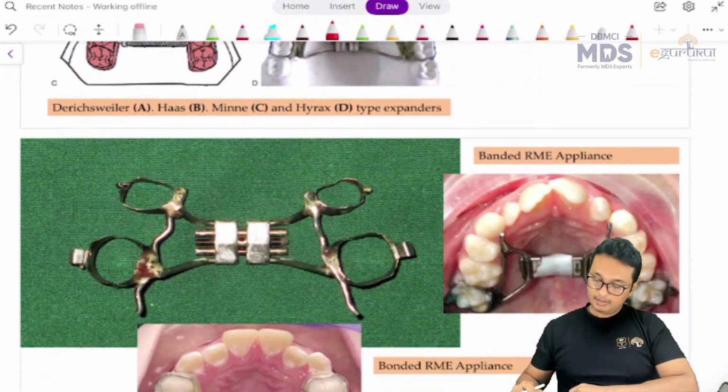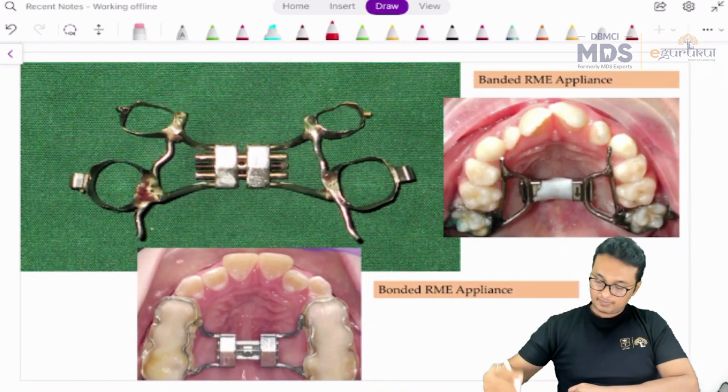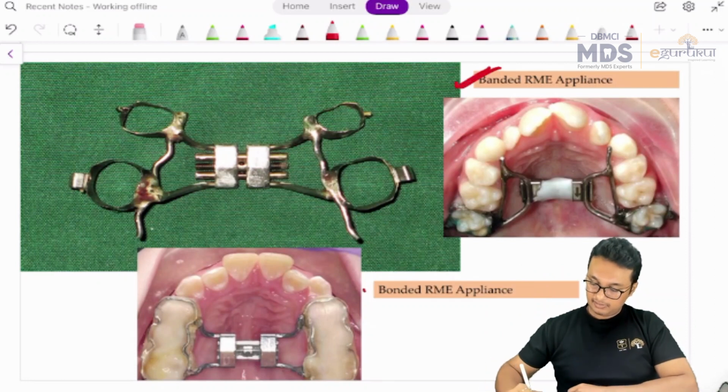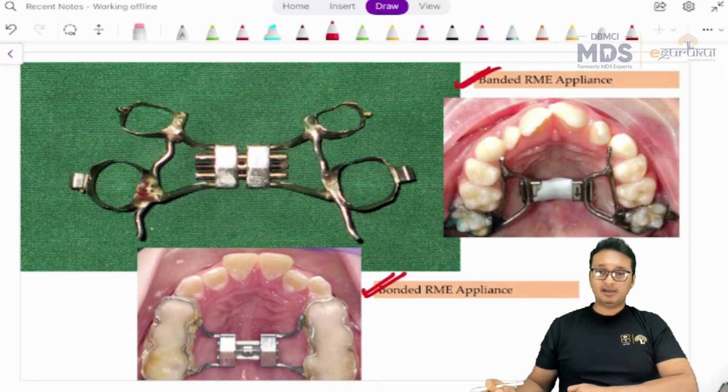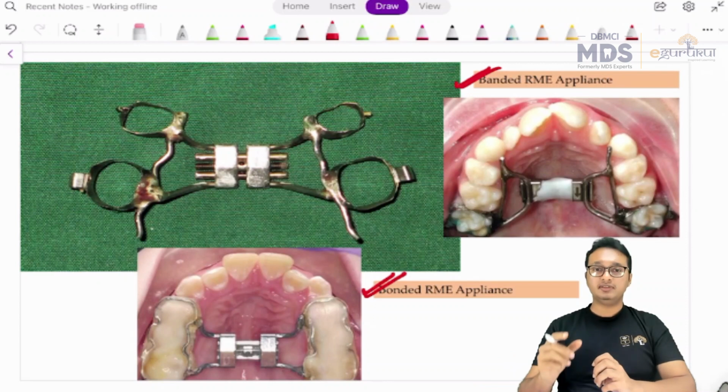Okay. Then in RME appliances, we have got two types. One is banded RME, one is bonded RME. Now, banded RME means we have to band the molars and the premolars, and the Hyrex appliance is soldered to these bands.